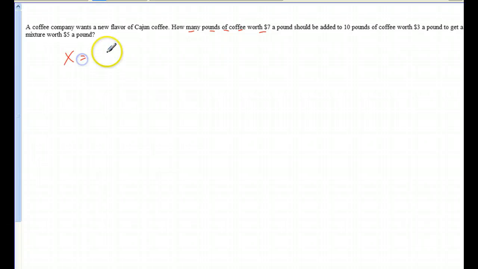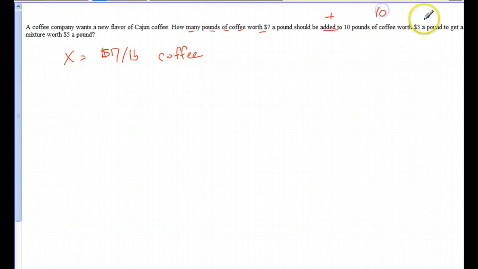So X is going to be our $7 per pound coffee. And again, we're adding to it 10 pounds of coffee worth $3 a pound. So 10 times $3 to get, there's our equals, a mixture worth $5 a pound.